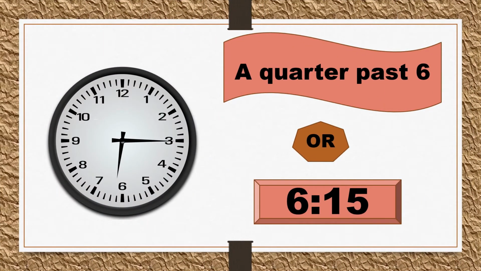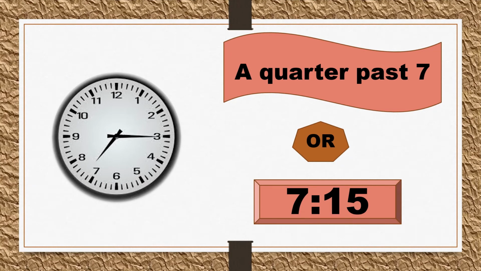Here the clock is showing a different time now. The minute hand is pointing at the number 3 and the hour hand is a little after 6. So we say that the time is a quarter past 6. We write it as a quarter past 6 or as 6:15.